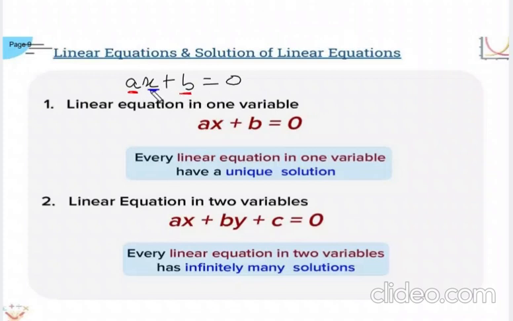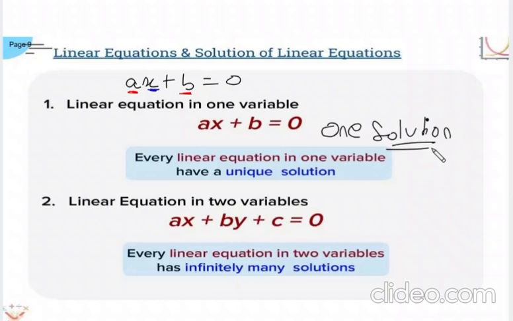Just one simple variable I have, and I only have one solution. Only one solution is present in the linear equation. In one variable I'll always have one single solution only. So every linear equation in one variable where the power is 1, it's linear, and it has only one variable in it, has a unique solution.